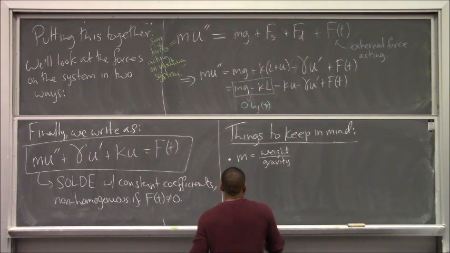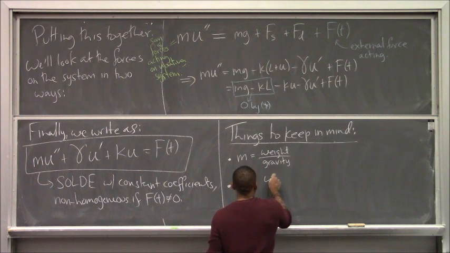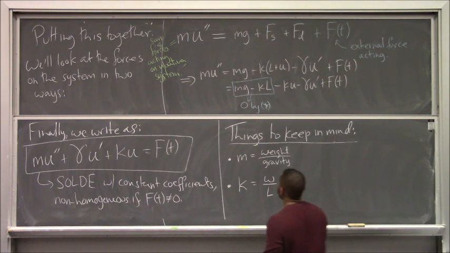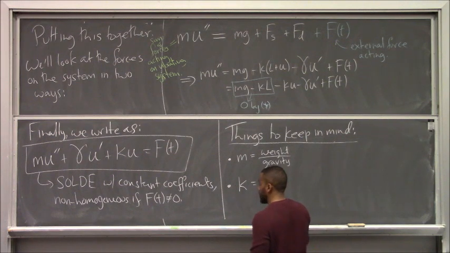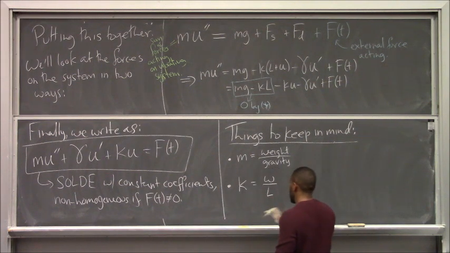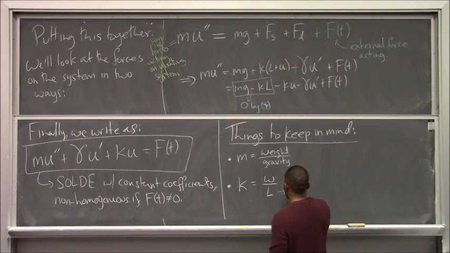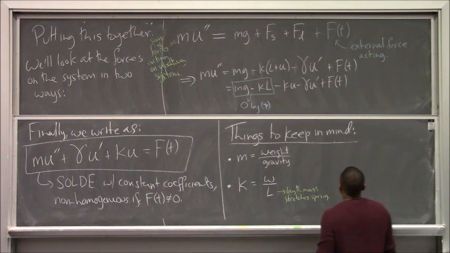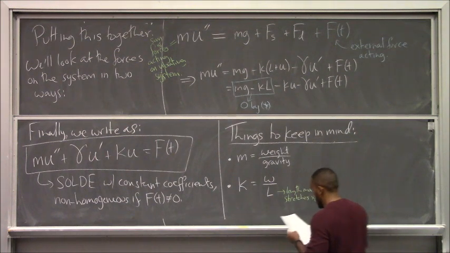Something else. You can often find the spring constant by the weight over L. This is the length that the mass stretches the spring without anyone messing with it. So that's how you'd find that.